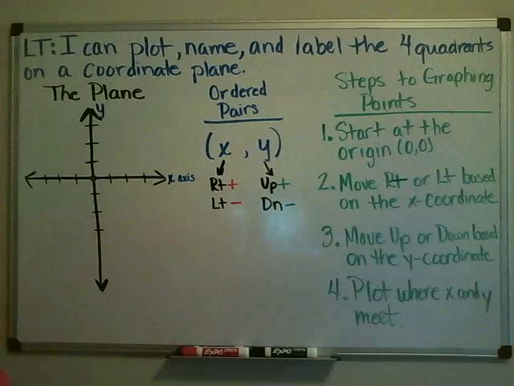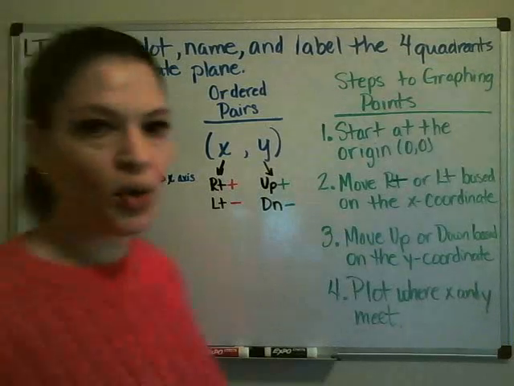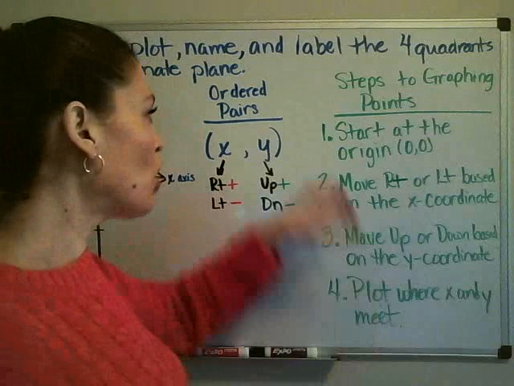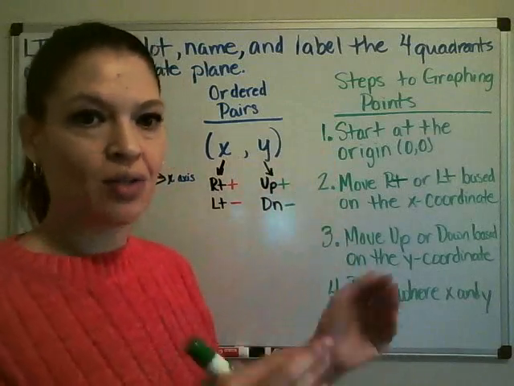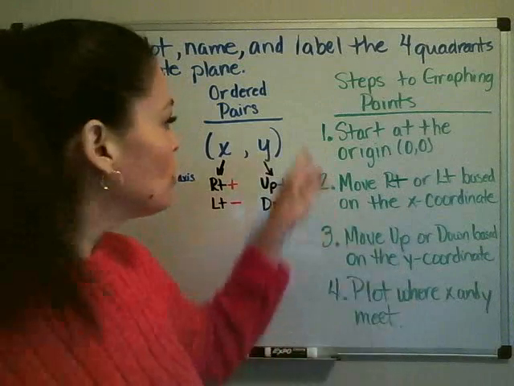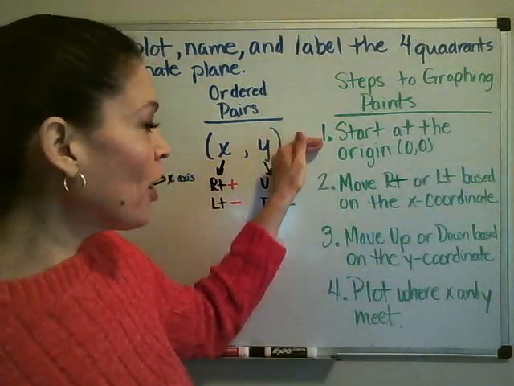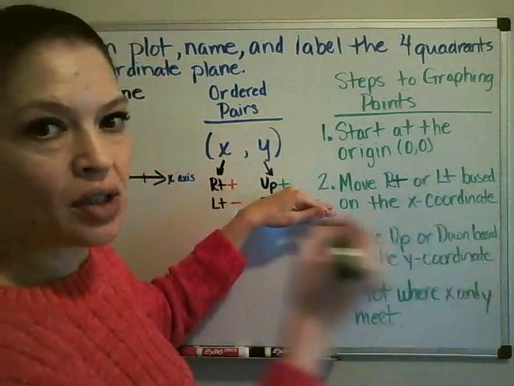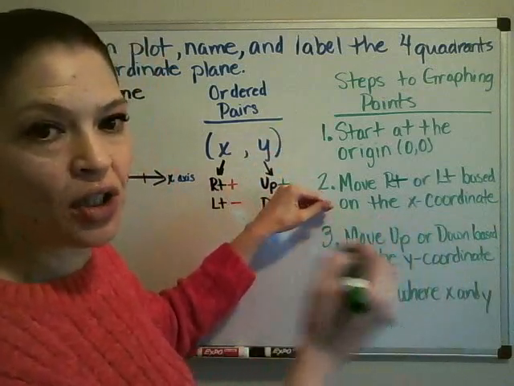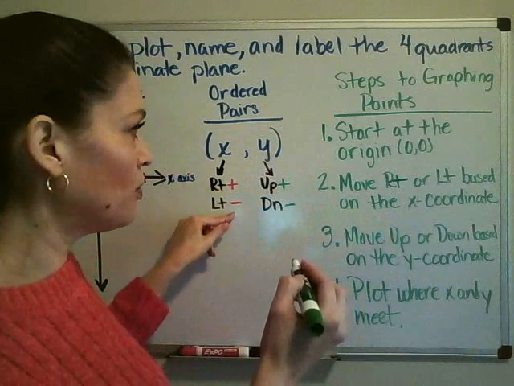All right, so let's look at the directions. Whenever you're plotting a point, you're always going to start at the origin. Your origin is like home base, okay? That's where you're going to begin. From there, with your pencil, you're going to move right or left, depending on if your number is positive or negative, okay?